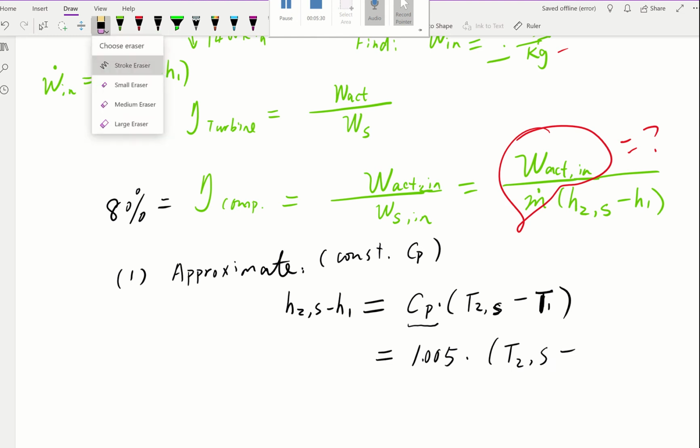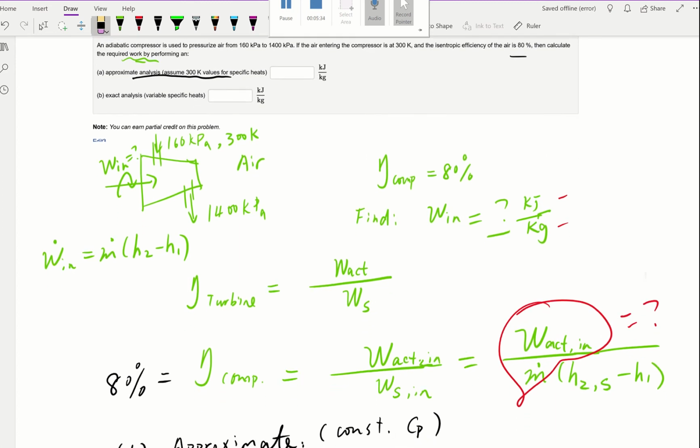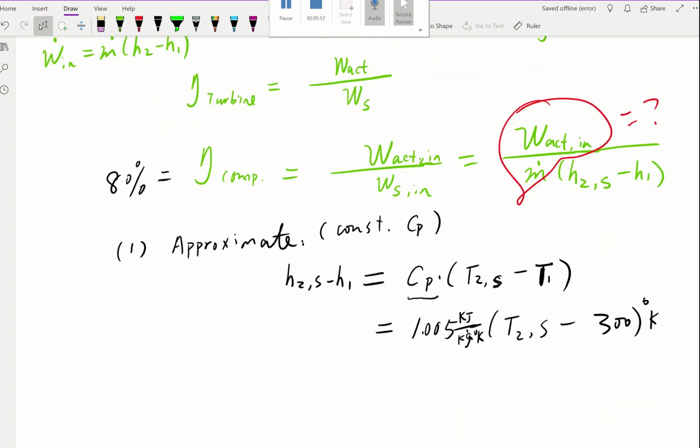For mine, T1 is 300 Kelvin. So minus 300 Kelvin. And I'm going to write down the unit for Cp, which is kilojoule per kilogram per Kelvin. Okay. So knowing that, we just need to figure out T2s.